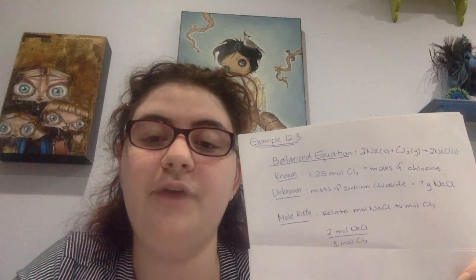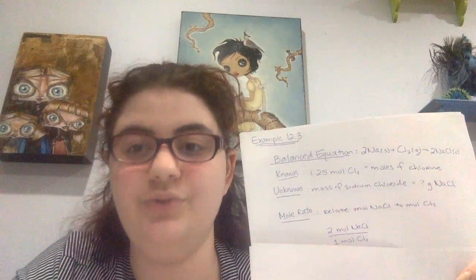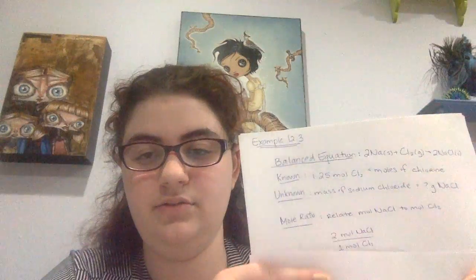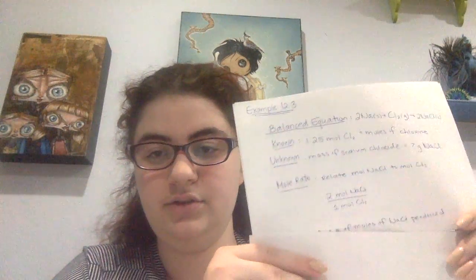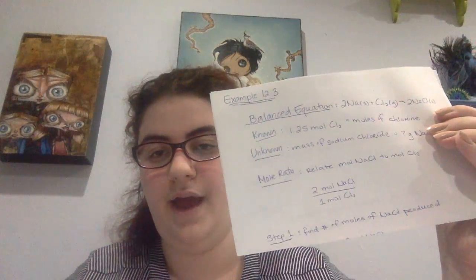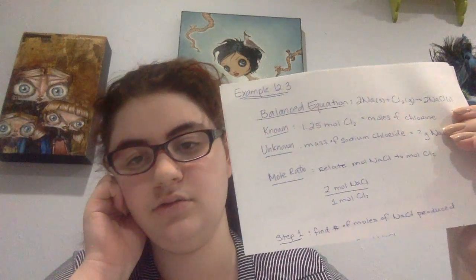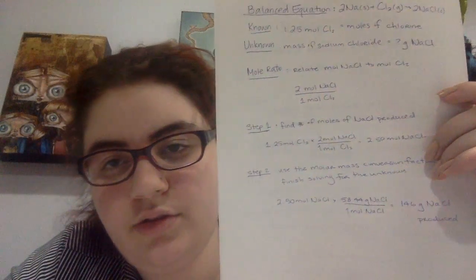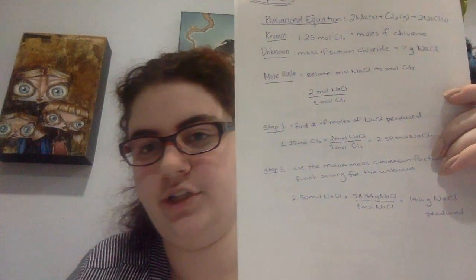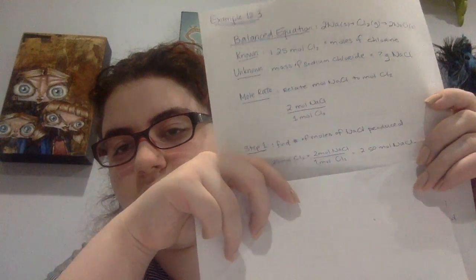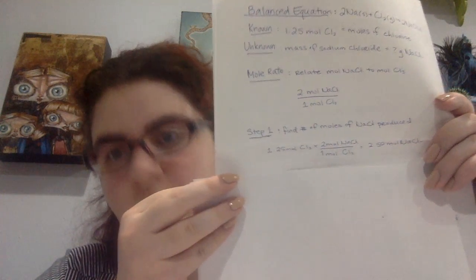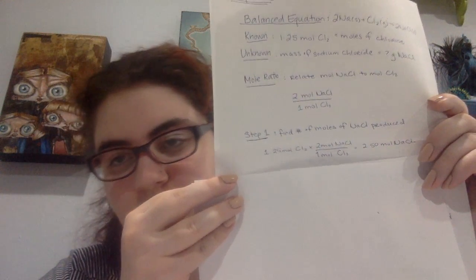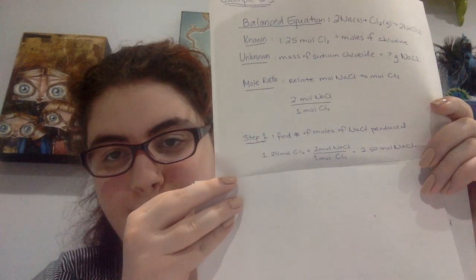Yes, we want to first find the moles of salt, sodium chloride. So to do so, we have to find the number of moles produced. So we're going to do this equation, and we get 2.5 moles of sodium chloride.